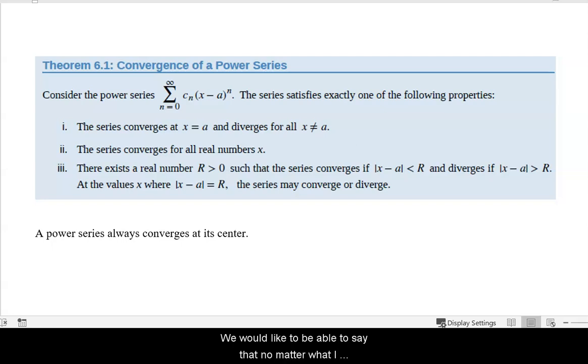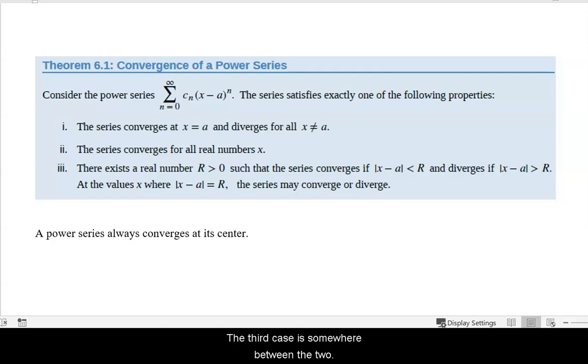We would like to be able to say that no matter what I choose for the variable x, I can represent that transcendental function with this infinite polynomial based on the power series. This will also occur quite often in the homework and again on an exam.